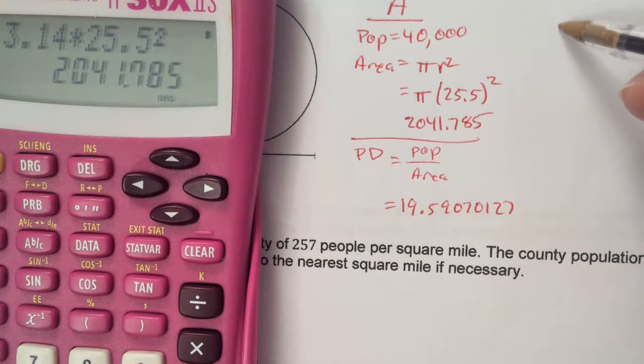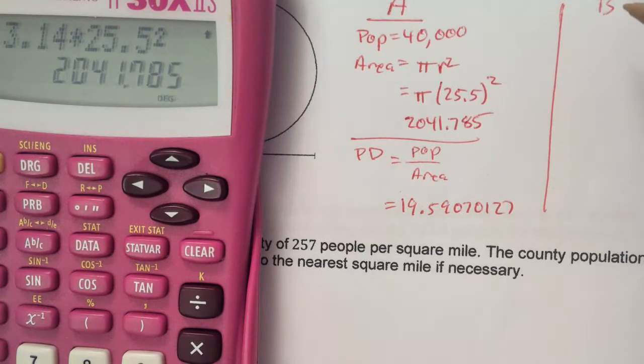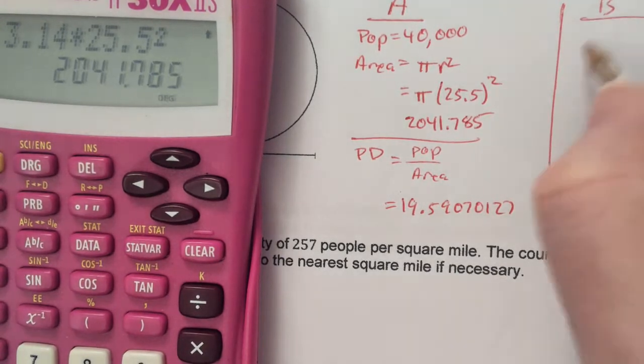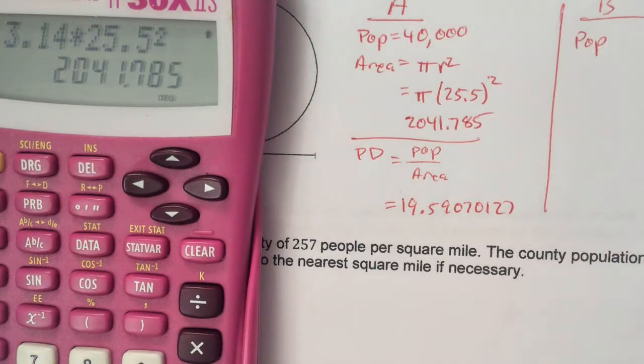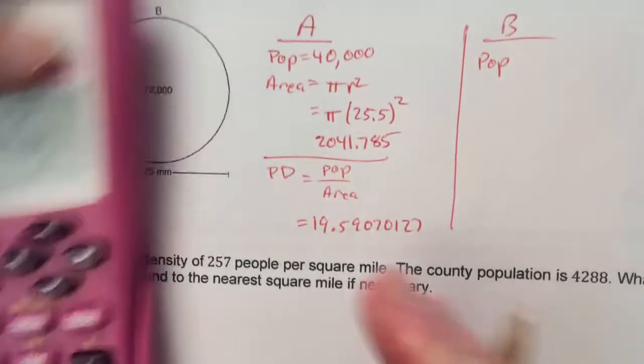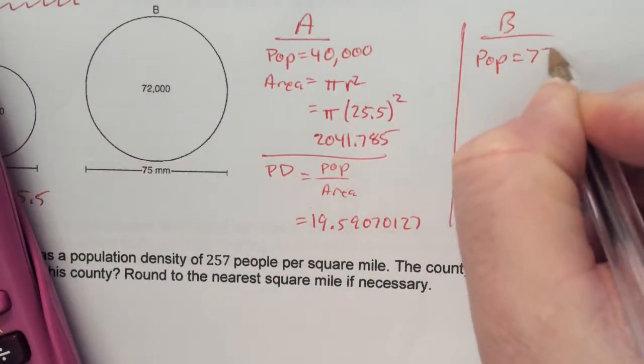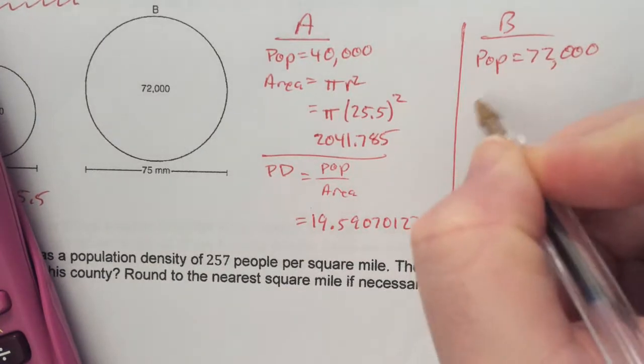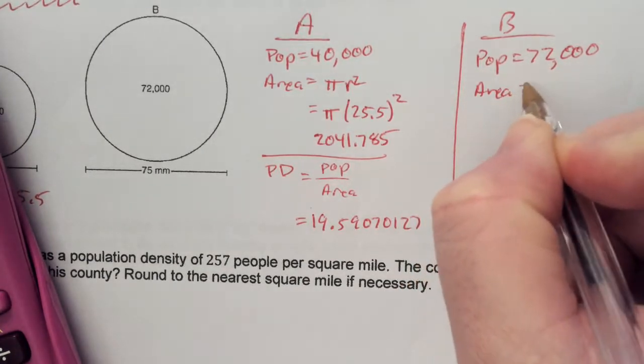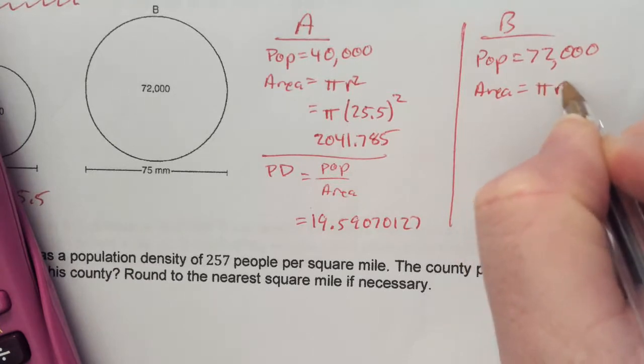Now let's do B. We're going to do the same thing. The population was 72,000. And the area: pi r squared.